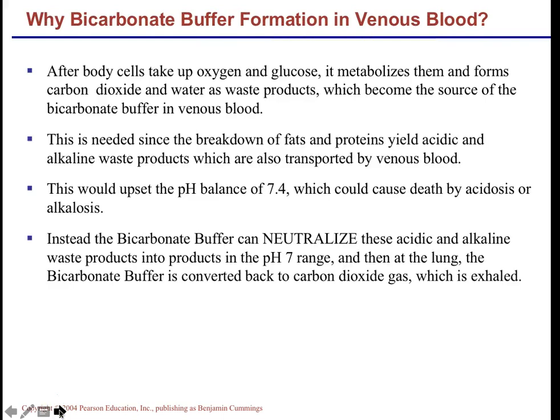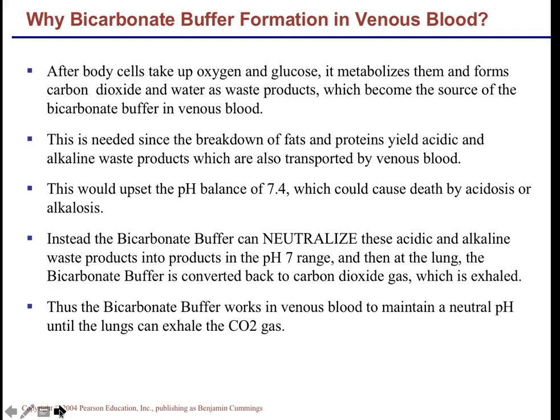Why bicarbonate buffer formation in venous blood? All right. So what it says is the body cells take up oxygen and glucose and form CO2 and water as a waste product that gets dumped into venous blood. You need to also consider that what also gets dumped into venous blood are the very acidic and basic breakdown products of fat and protein.